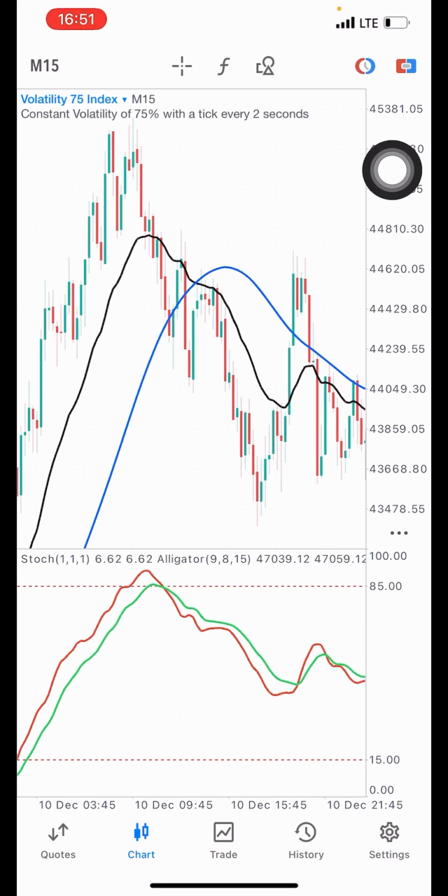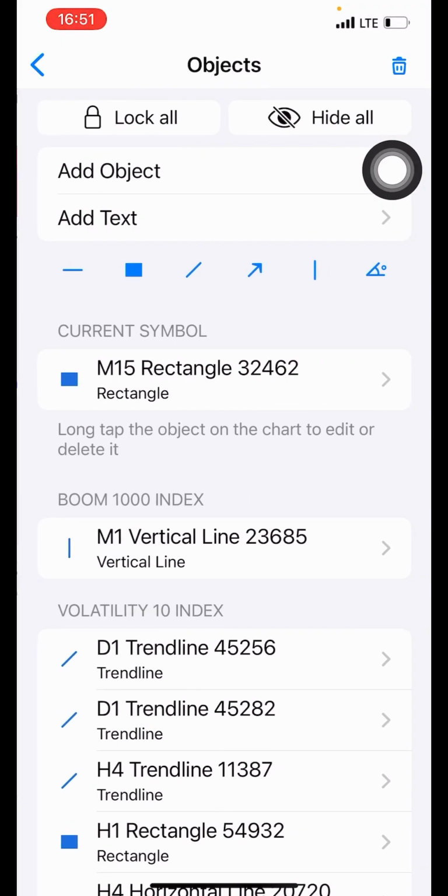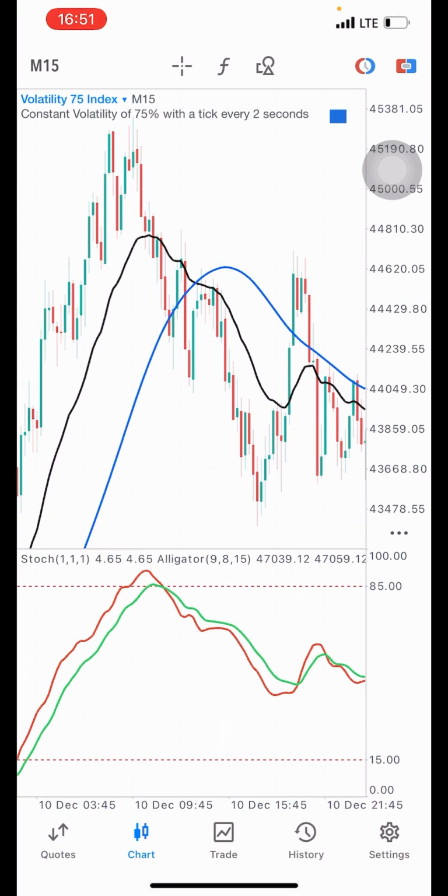This is the appropriate area you take your entry from in this case. You can see that it has broken and then closed below it, so you take your entry around this area. Now you wait for a candlestick to come back.